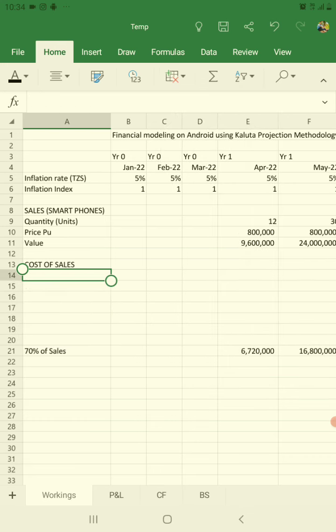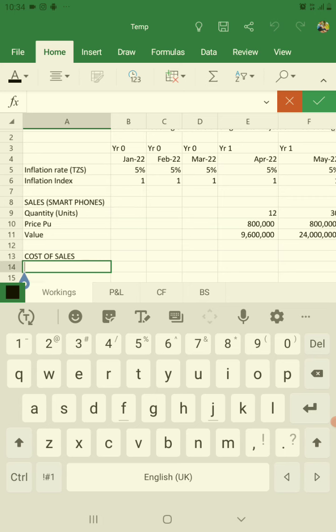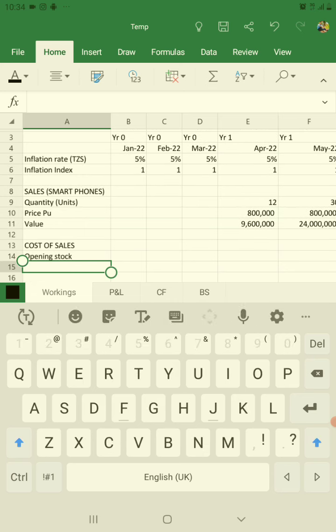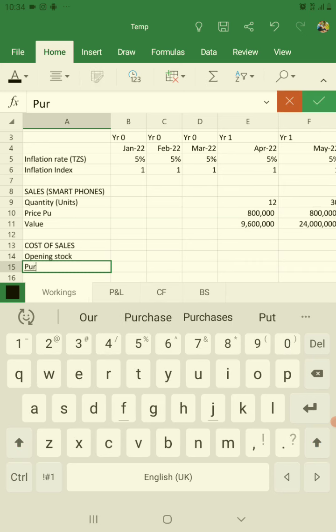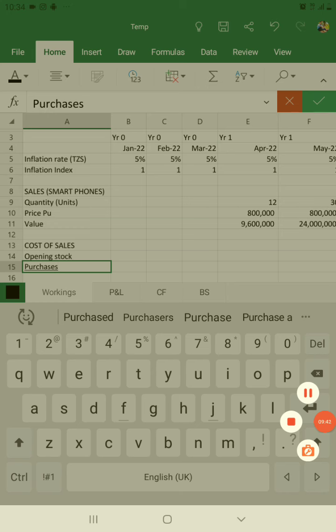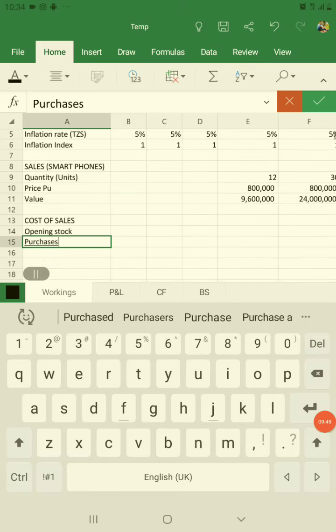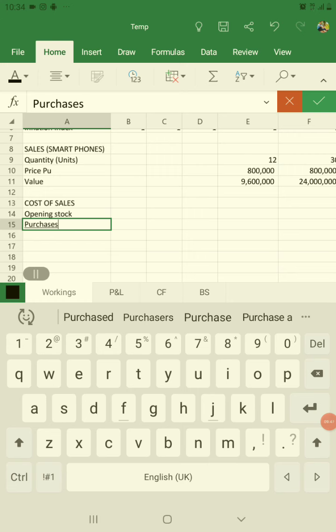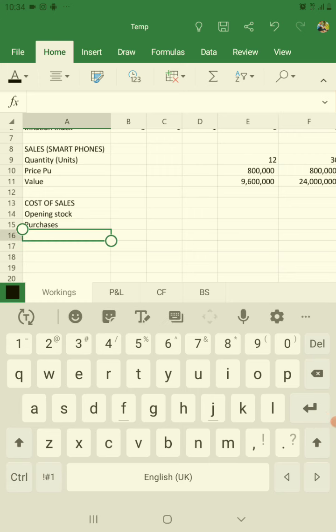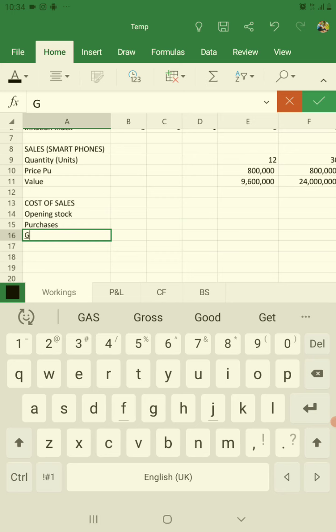So I'm starting with opening stock, then followed by purchases, and opening stock plus purchases, you get goods available for sale.